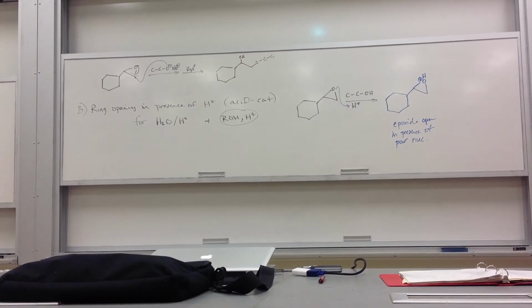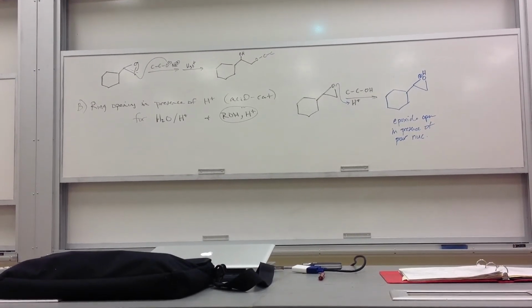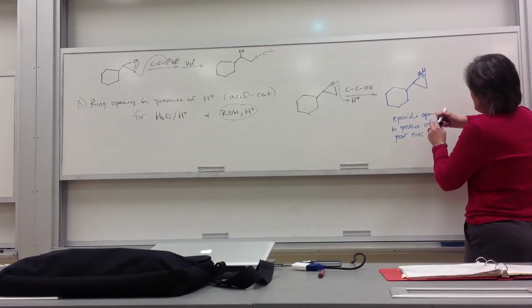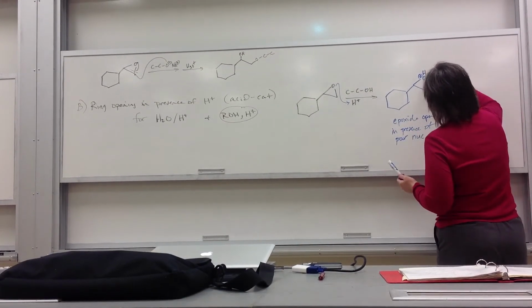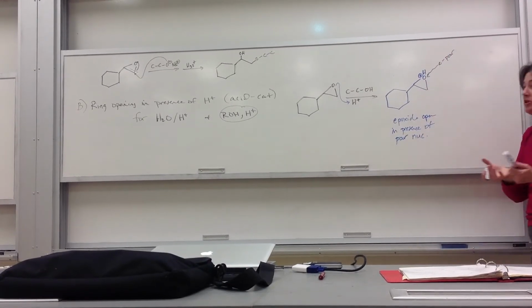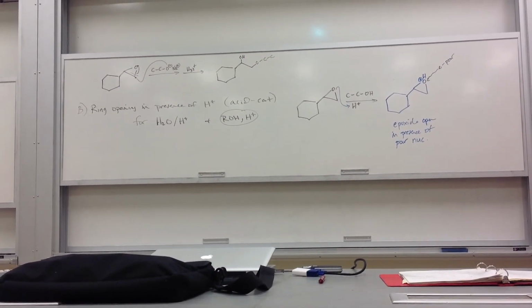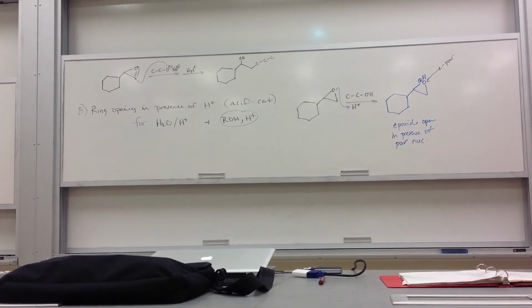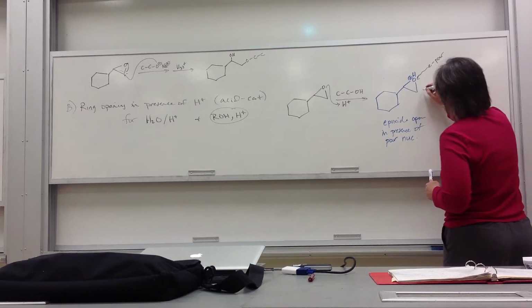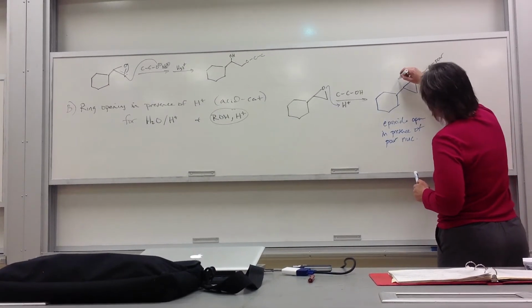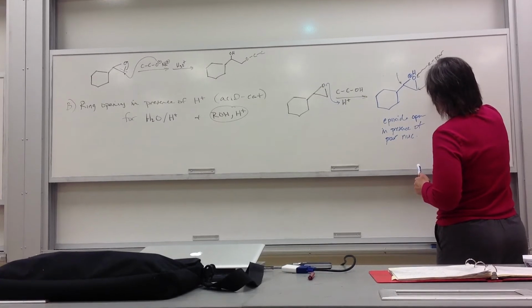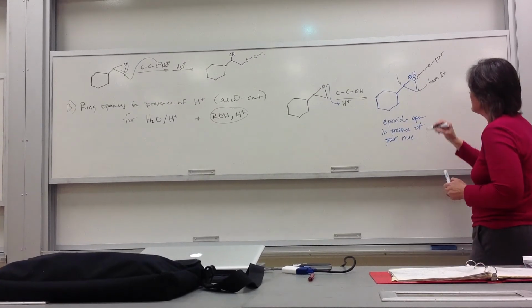So now I have to attack. And this is where the difference comes in. This oxygen now is electron poor. So it's pulling electrons away from the carbons pretty substantially. So the carbons develop delta pluses. So this carbon here and this carbon here have delta pluses.